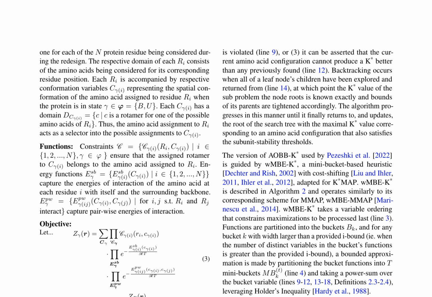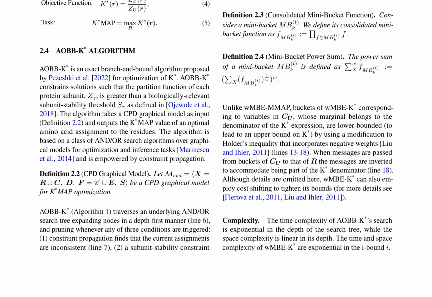To optimize K*, the authors employ an exact branch and bound algorithm called AOBB-K*, which constrains solutions such that the partition function of each protein subunit is greater than a biologically relevant subunit stability threshold. The algorithm takes a CPD graphical model as input and outputs the K*MAP value of an optimal amino acid assignment to the residues.